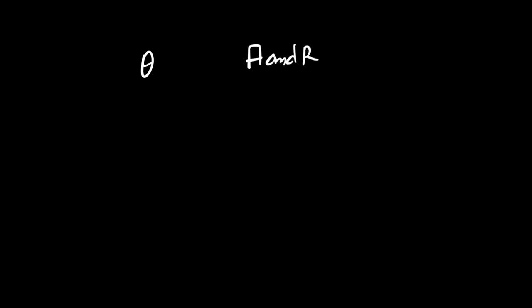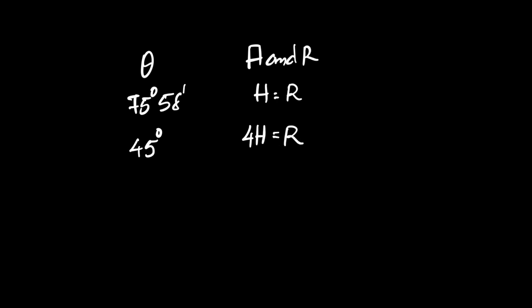If we try to understand this as a table, we have theta and the relationship between h and r. When theta is equal to 75 degrees and 58 minutes, h is equal to r. When theta is 45 degrees, 4h is equal to r.